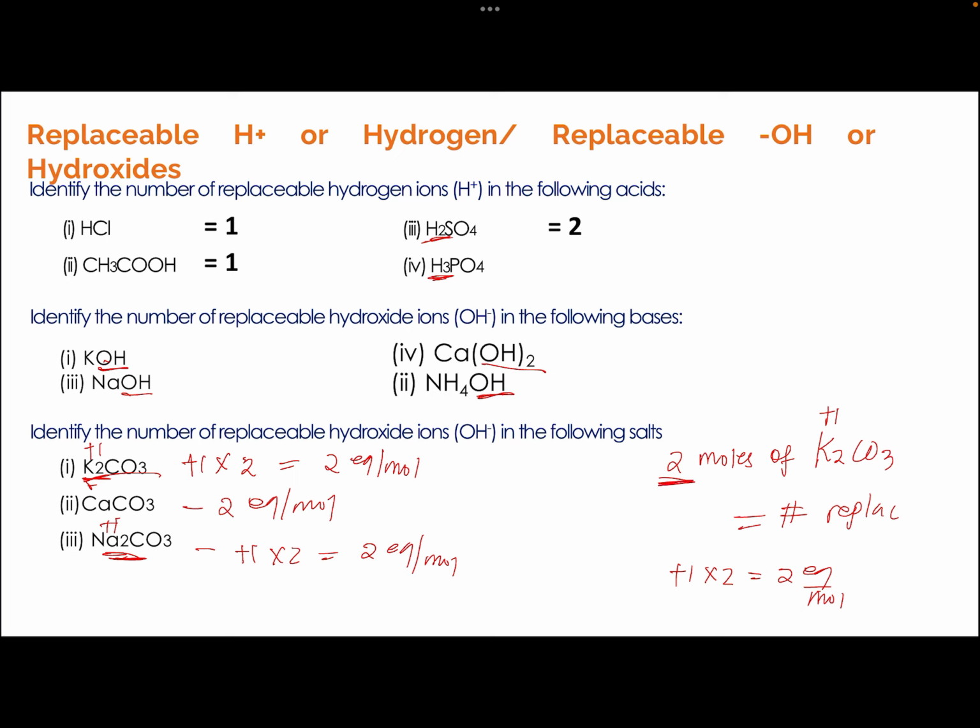But we have 2 moles here, so multiply again by 2, equals 4. That means in 2 moles of potassium carbonate we have 4 equivalents. So again, these are usually the problems that ask for the number of replaceable.